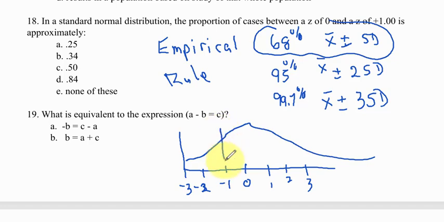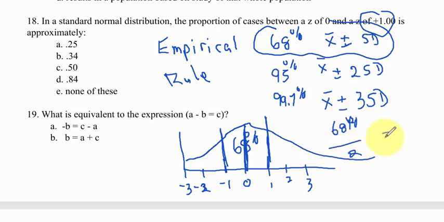Between the mean minus 1 standard deviation and the mean plus 1 standard deviation, that's 68%. But she only wants the +1, right? So we're only talking about half of 68%, which is 34%. That's your answer right there, 0.34. That's your right answer.